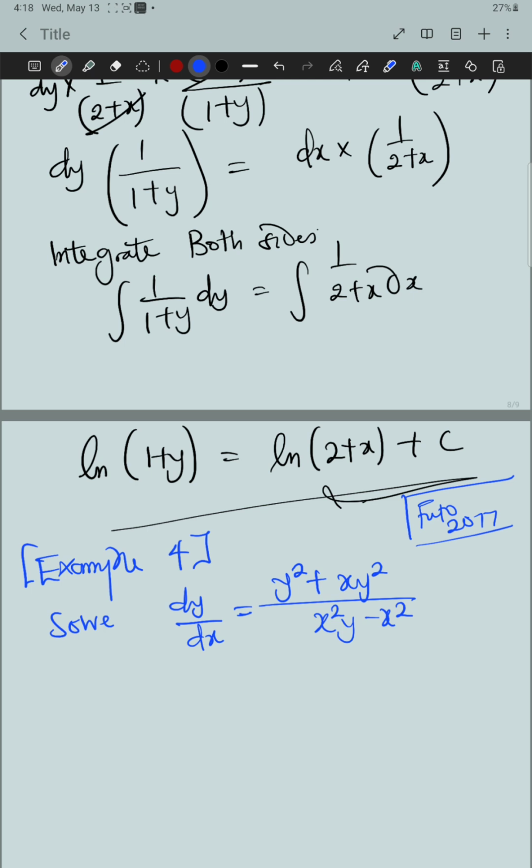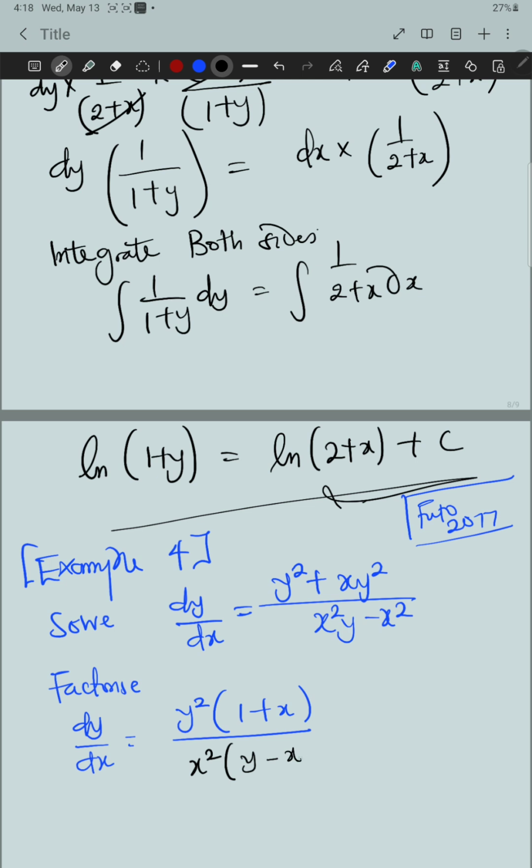Wow, interesting. So let's factorize. We have dy over dx should be equal to, what is common to both sides? Y squared is common to both sides, I believe. That's 1 plus x divided by, what is common to both sides here? X squared is also common to both sides, I believe.